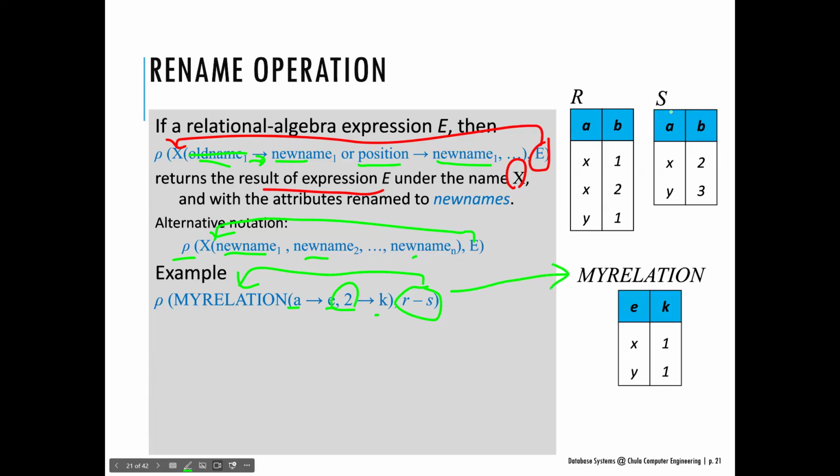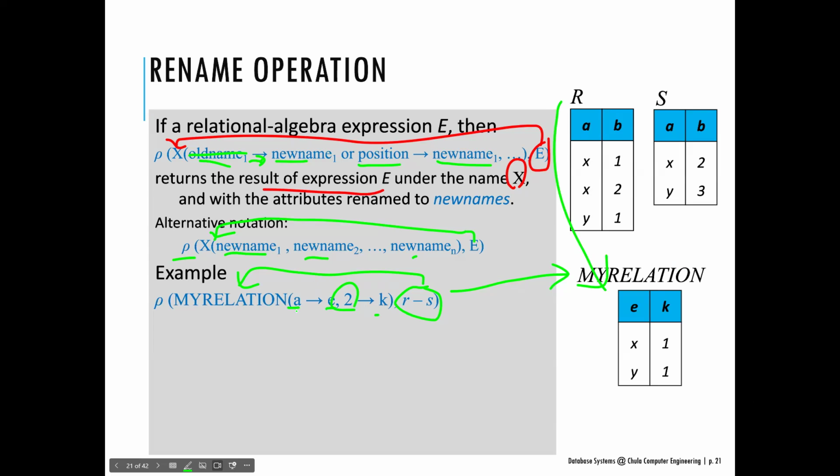So I take R minus S, and the result will be kept in the new name, my relation. You can use this result afterward because it's already named my relation.